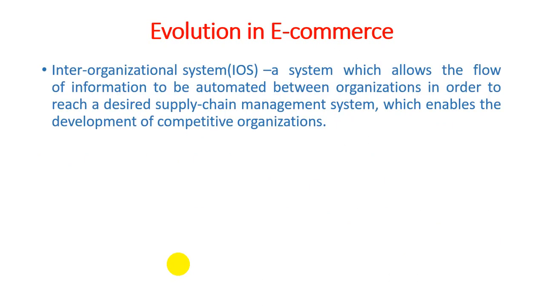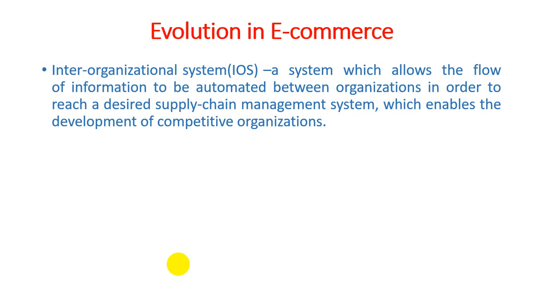Inter-organizational system, IOS, is a system which allows the flow of information to be automated between organizations in order to reach a desired supply chain management system like an ERP system. It works within these organizations.